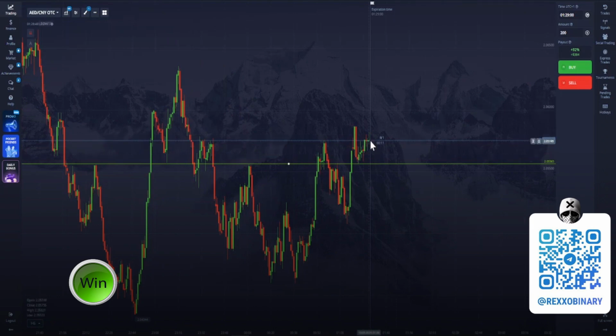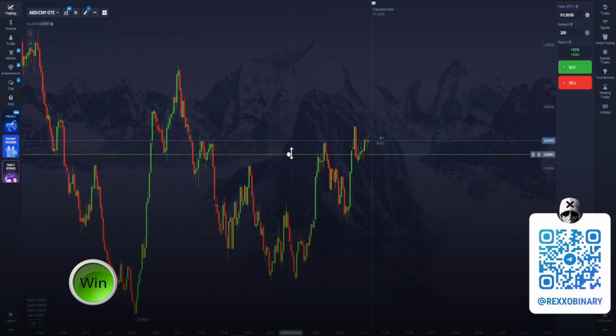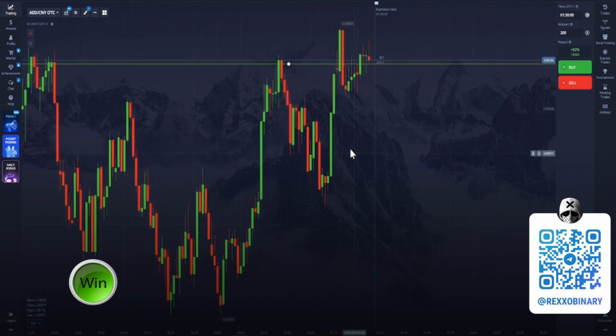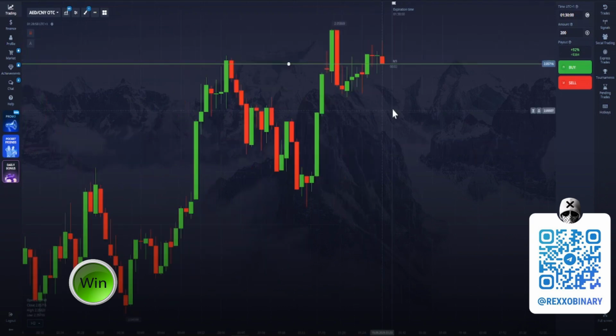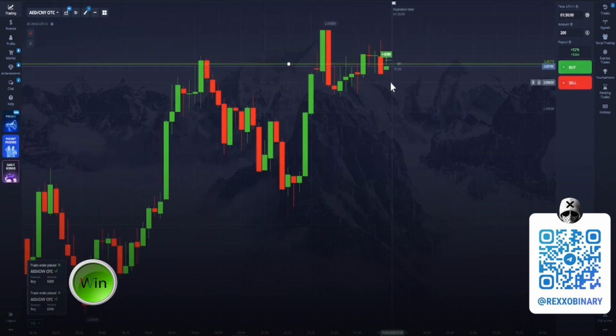If this candle comes down, I'm going to go for buys, because if you watch closely, you can see, okay, oh, I entered very late, but let's see how it goes. The reason why I entered was because there were multiple rejections and weak rejections in this level.